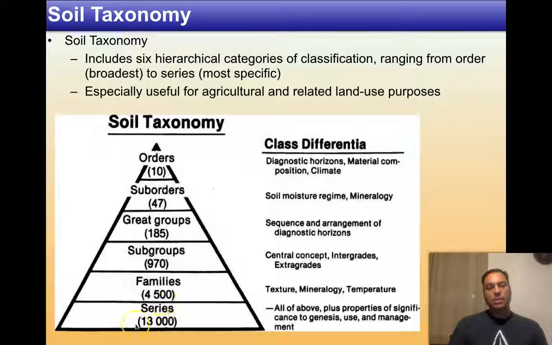And so ultimately you can get to a series, and that means you have about 13,000 different soils that have been categorized just so far. And probably by the time the human species is done categorizing soils, we'll probably find 5-6 times that. Who knows? It depends on how much we want to split that argument up.